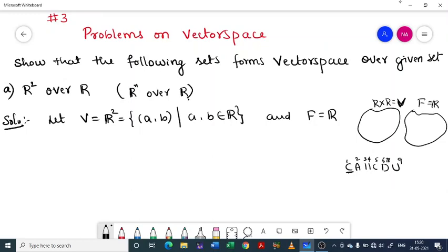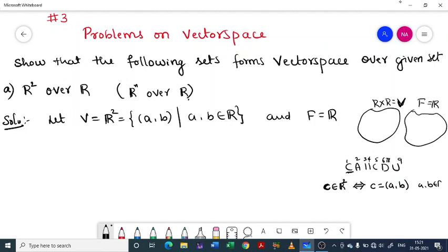Before checking that, keep one thing in mind. Any element c belongs to R square if and only if c is of the form (a, b), where a and b are real numbers.